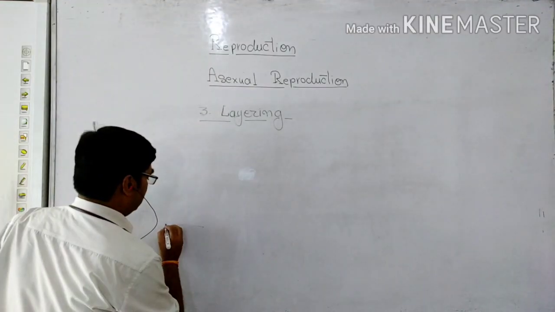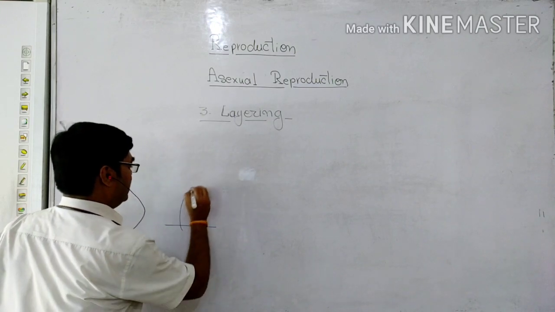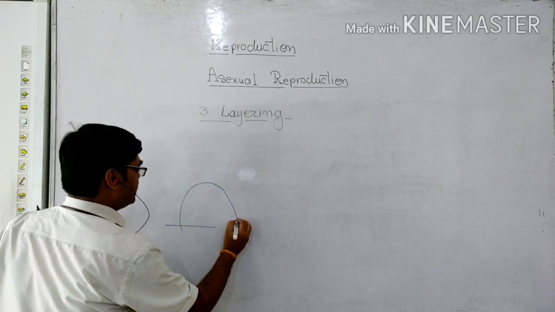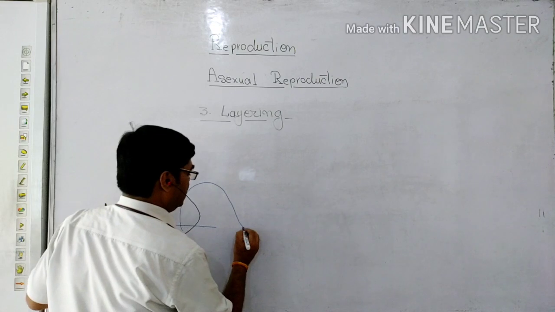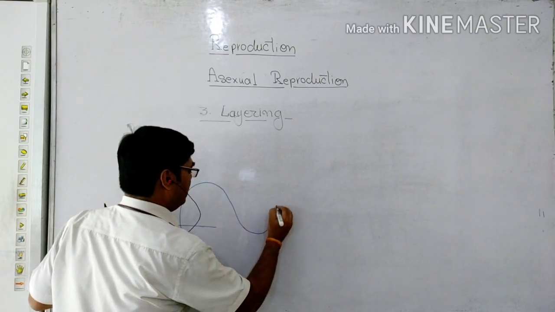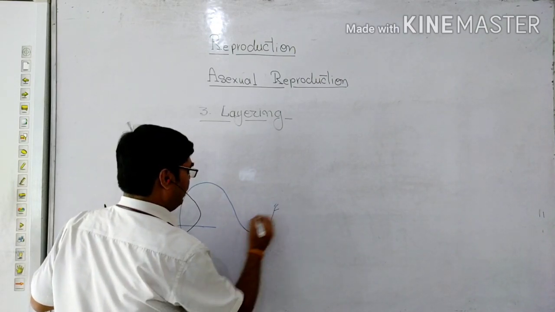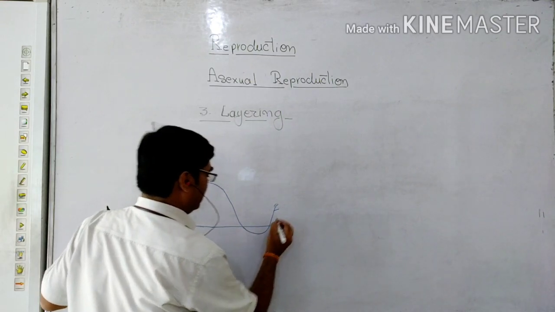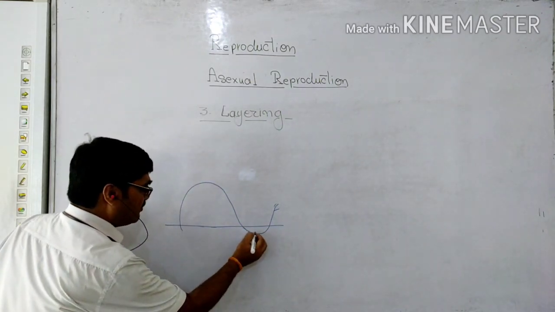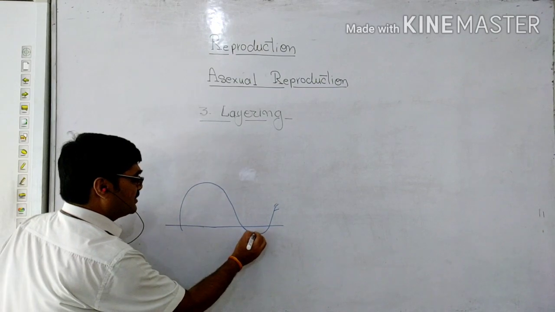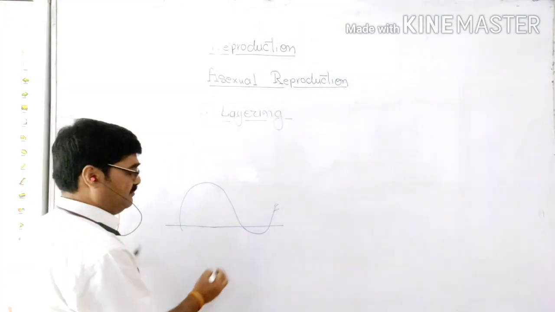We take the plant like this, and a part of the plant is bent down, leaving some part of it exposed in the air, and this part of the stem is submerged under the soil.